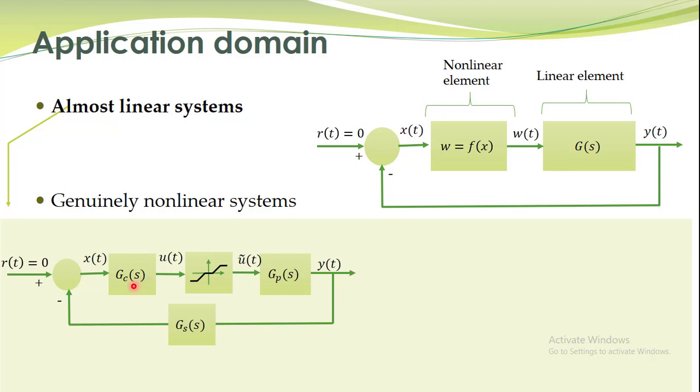So they design a linear controller based on linear control theory by just ignoring this nonlinearity. Once the controller is designed, one of the effects of this nonlinearity is to create a limit cycle, and then that limit cycle is predicted by this describing function analysis approach.